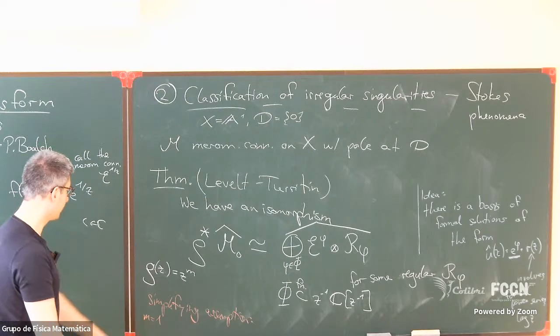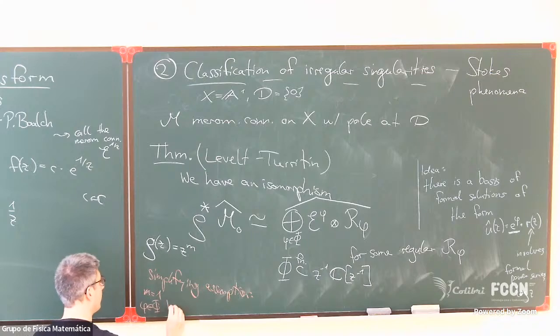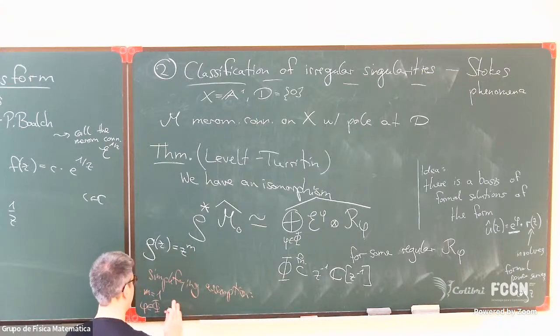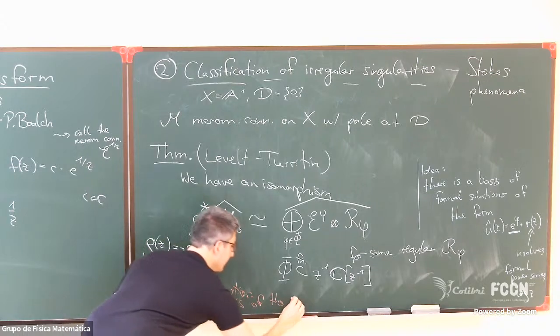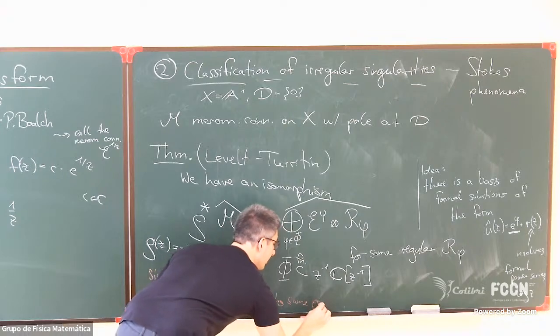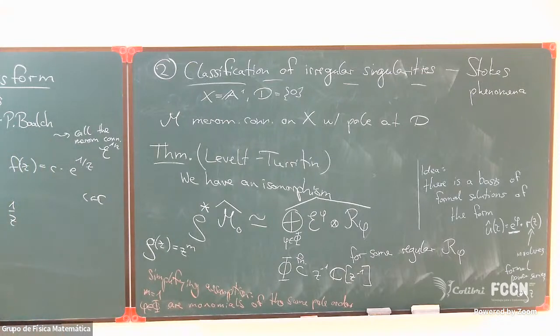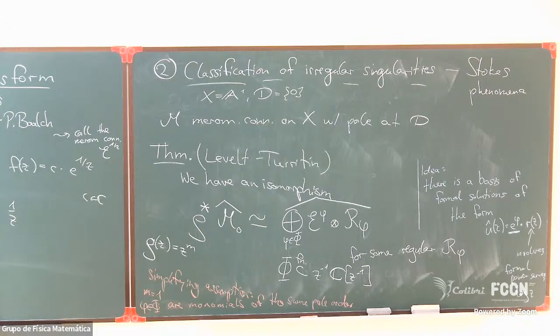And I will assume that all these exponents are monomials of the same polar order. Okay? This is not always strictly necessary, but I want to start to have some nice symmetries, and we wanted to avoid talking about ramification.